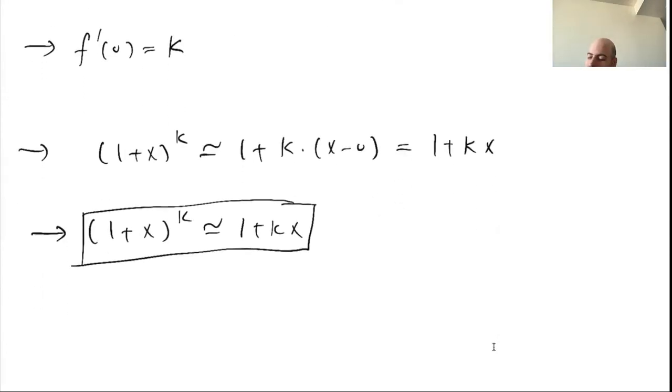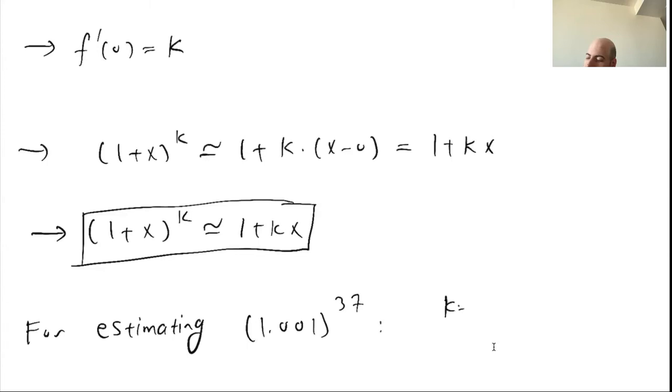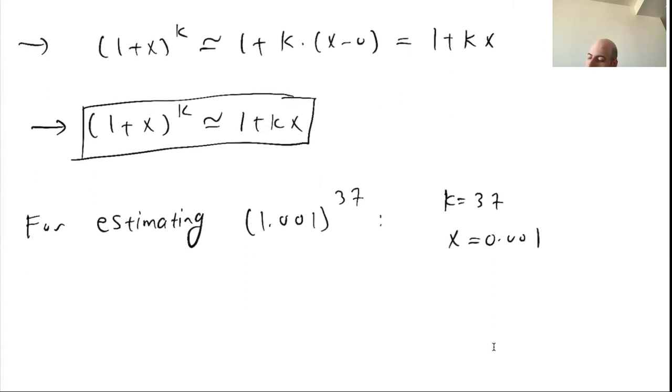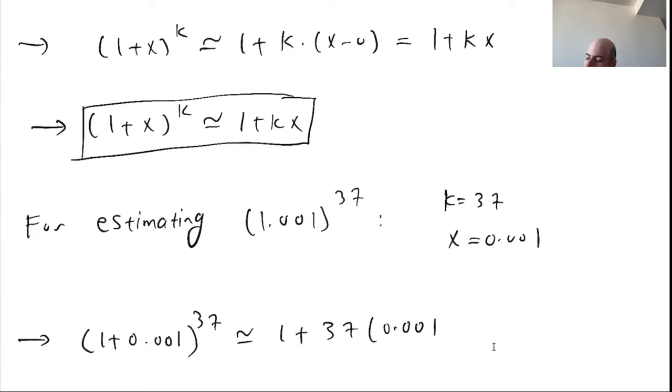And for the second part of the question, for estimating 1.001 to power 37. So here k is 37, x is 0.001. So then we can say that 1 plus 0.001 to power 37 is almost equal to 1 plus 37 times 0.001.